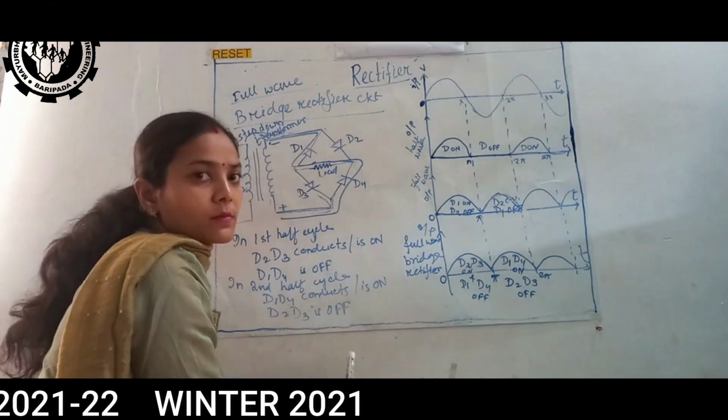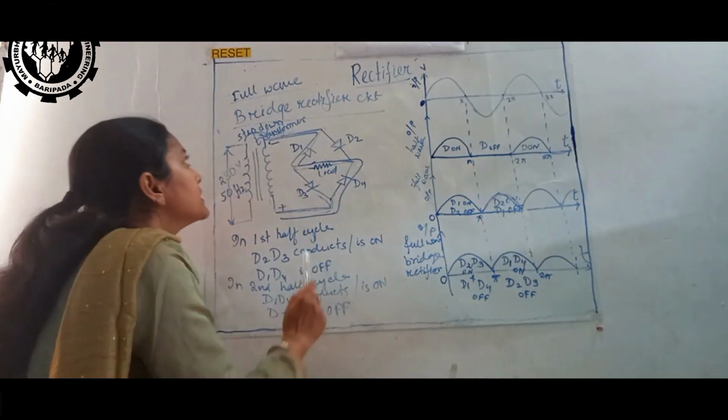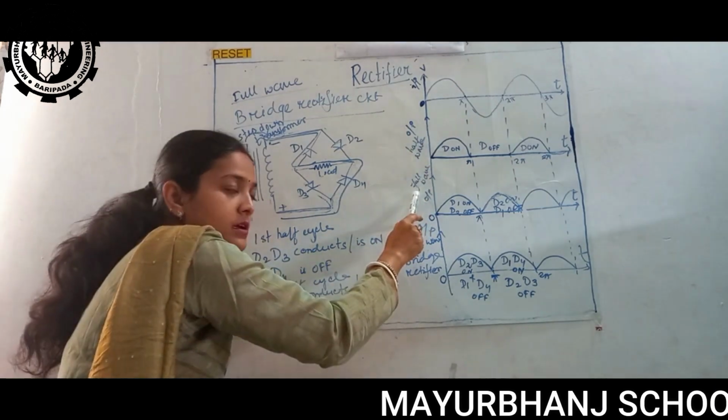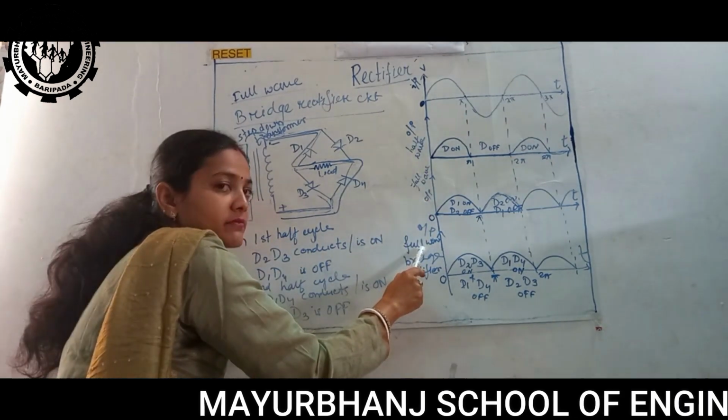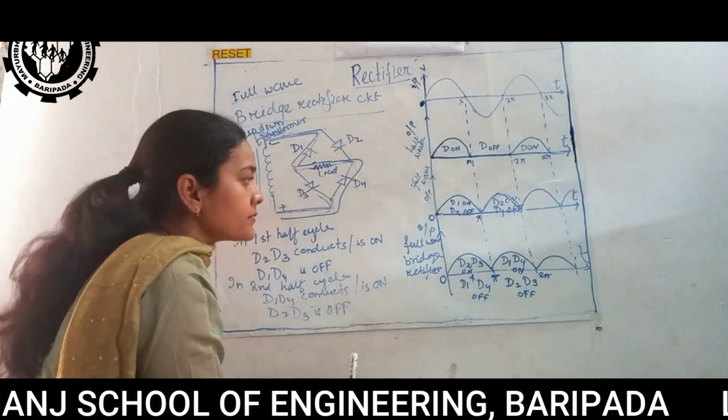So this is all about uncontrolled rectifier circuits: half wave, full wave center tapped, and full wave bridge rectifier. So three things we have covered today.